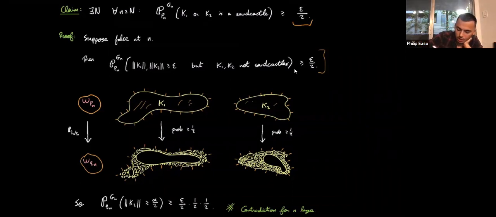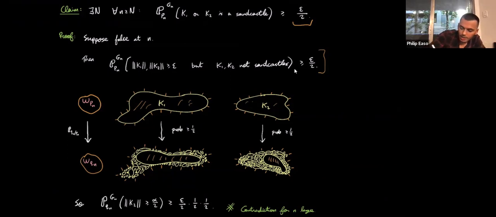But then when we go down to Qn, because K1 is large and not a sandcastle, that means that with probability at least 1/2, it doesn't fall apart into small pieces. So with probability at least 1/2, it leaves some large piece after passing down. Similarly with K2, it has probability at least 1/2 when you go down of leaving a large piece, where each of these large pieces means at least density alpha over 2, but that's not really important.